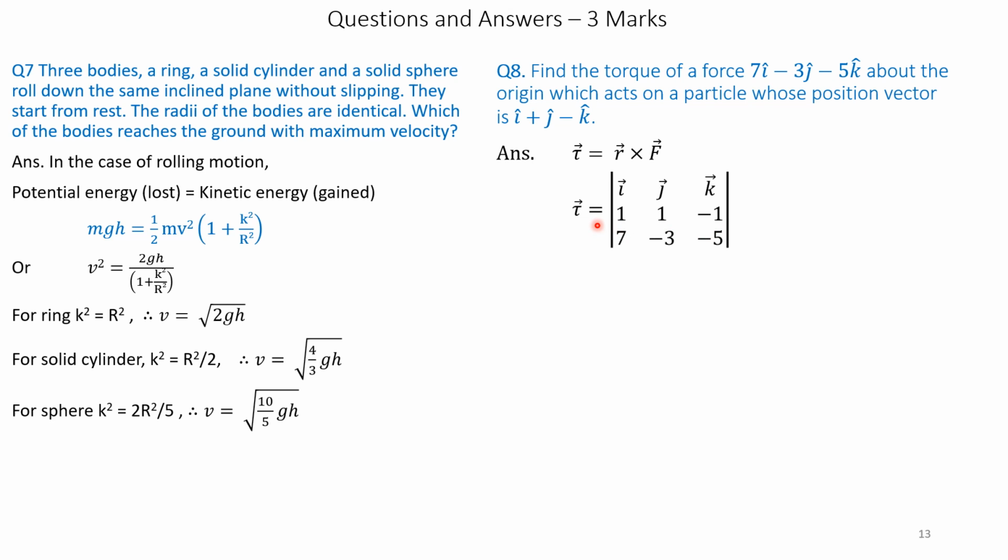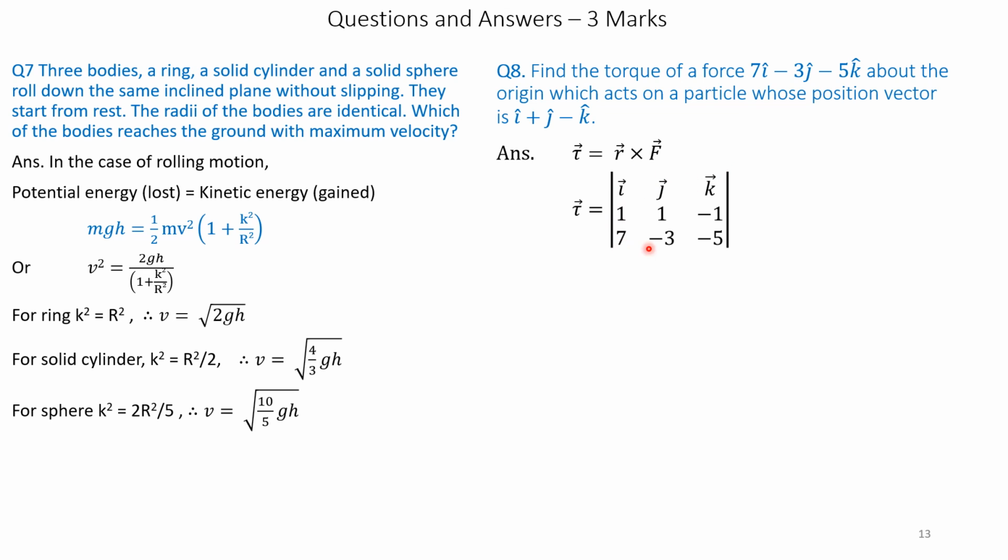Therefore, we can find the cross product of R and F by using matrices. Tau is given by the matrix with i, j, k in the first row and the coefficients of R in the second row, that is 1, 1 and minus 1, and the coefficients of F in the third row are 7, minus 3 and minus 5.